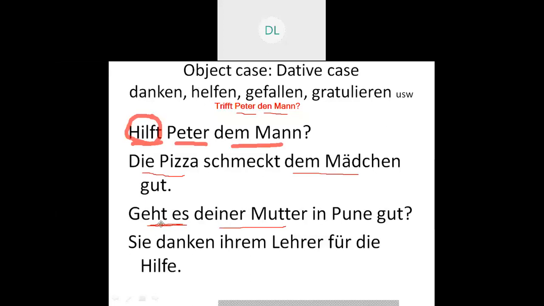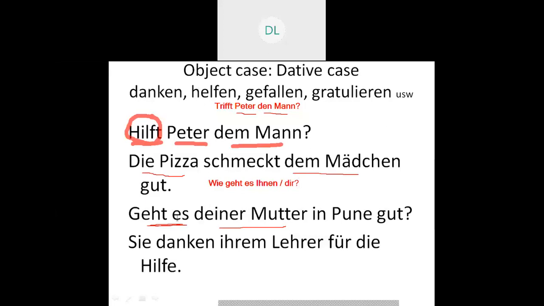After es geht comes the dative case. If you remember, when I put up how are you, what do I put up? Es geht mir, or it can be es geht dir, that is with you. After es geht comes the dative case.